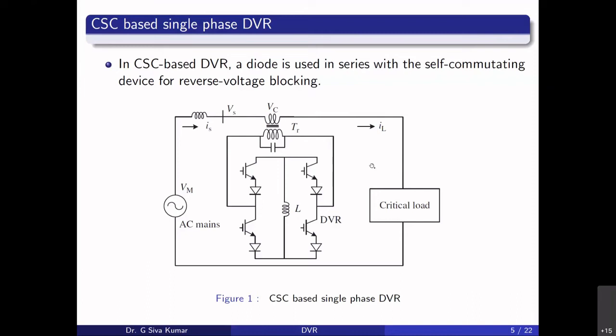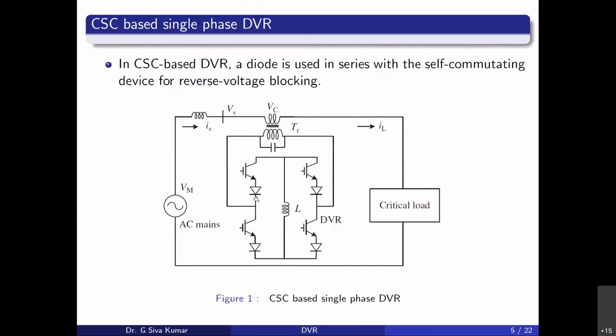Are you able to see my pointer over here? Yes, sir. This particular point is the critical load bus, after this VC, where we are going to correct the voltage. You can see the functionality: when you have the current source converter, we are blocking the reverse current.